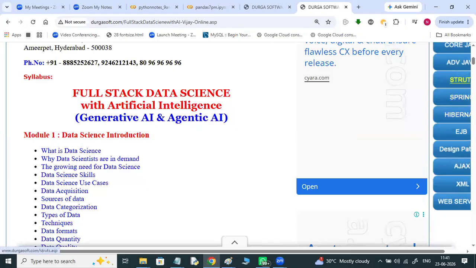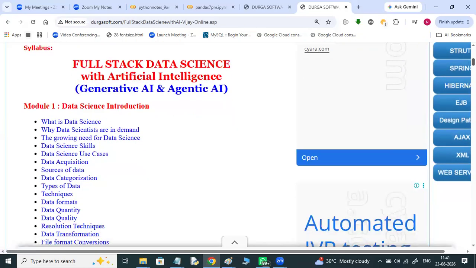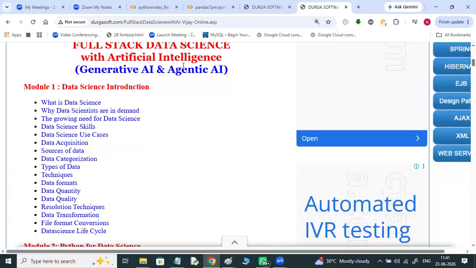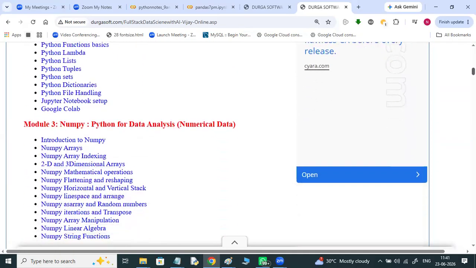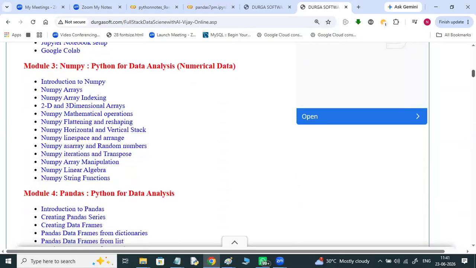Data science introduction. Why data is important, why data is growing, why data scientist, data science skills, use cases, acquisitions, types of data. From module number 2, Python for data science, NumPy, and pandas for data analysis, module 4.